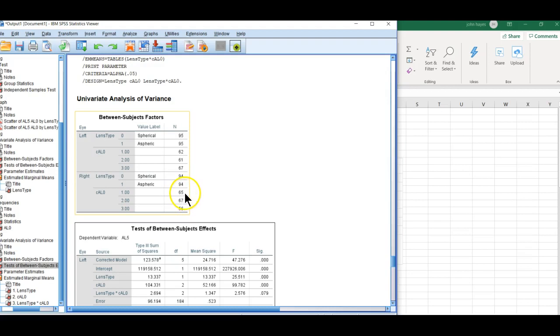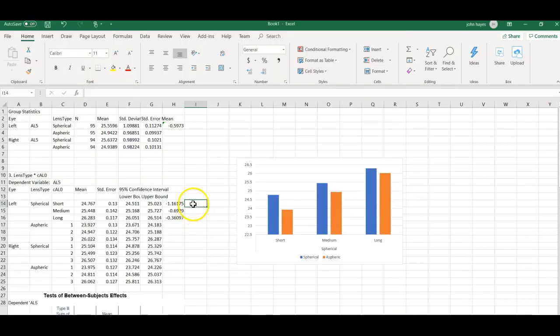We have 62, 61, 67 across both of these. We're just going to say our N is 31, half of this, because there's 2 lenses that go into this short period. So we're just going to divide that by 2, 31, and make 31 the N.